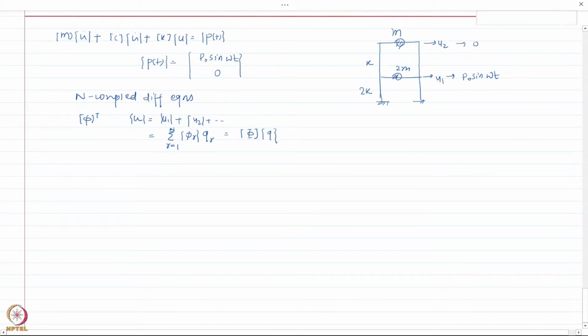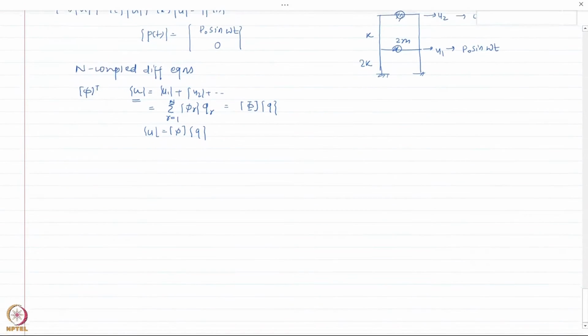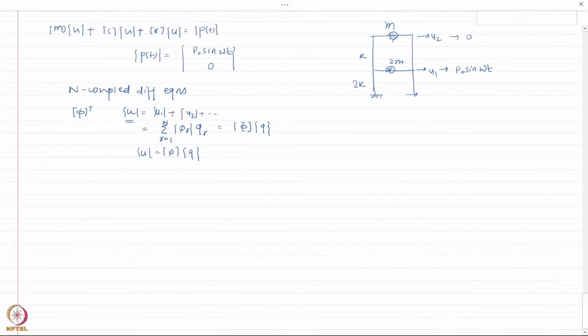We are going to write this as the modal matrix times the modal vector. So we write our u vector as the modal matrix times q, and pre-multiply this equation with phi transpose, the transpose of the modal matrix.